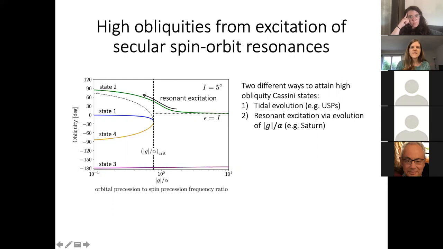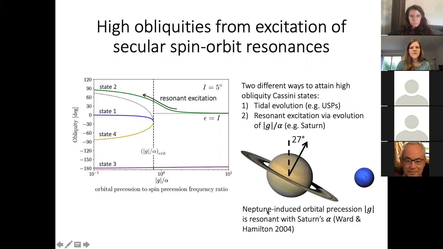We call this mechanism resonant excitation because these two G and alpha frequencies, the orbit precession and the spin precession frequencies, are evolving and becoming commensurable, crossing through unity here. This is called a secular spin orbit resonance, and it's just an instance of a Cassini state, but different language. This mechanism is not new.